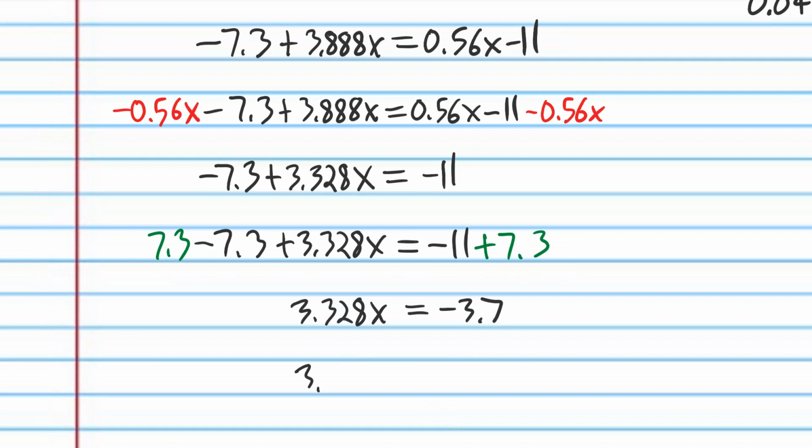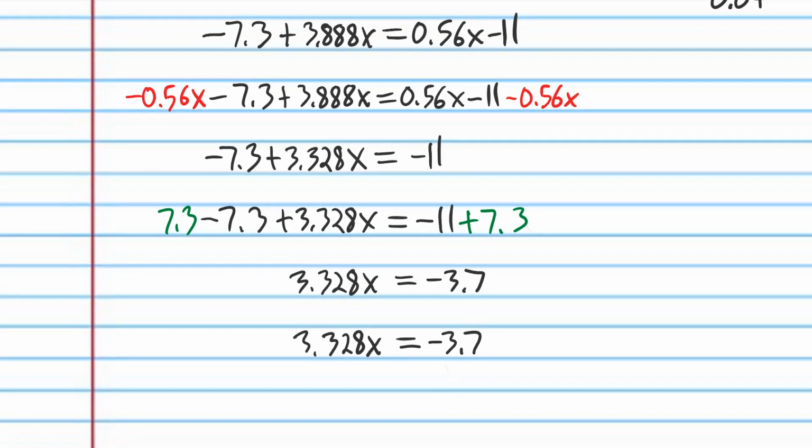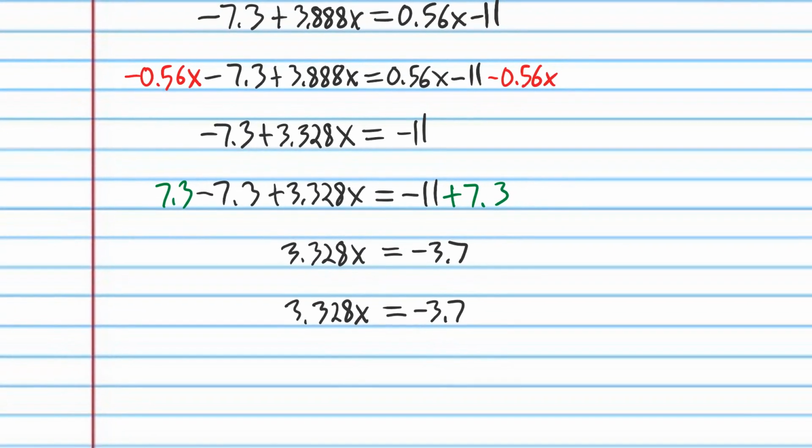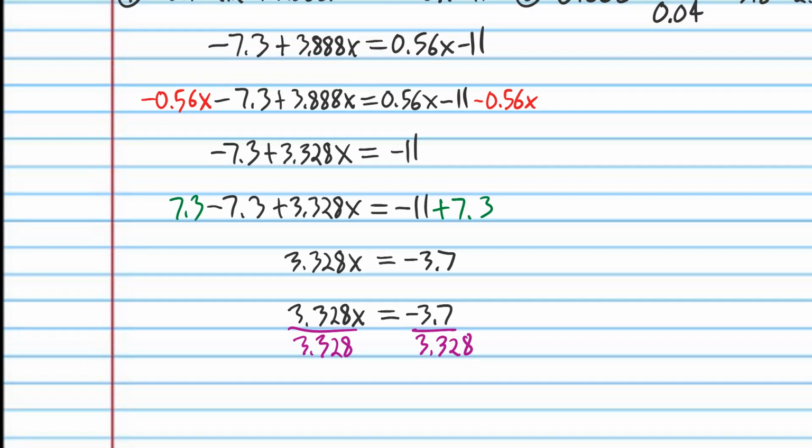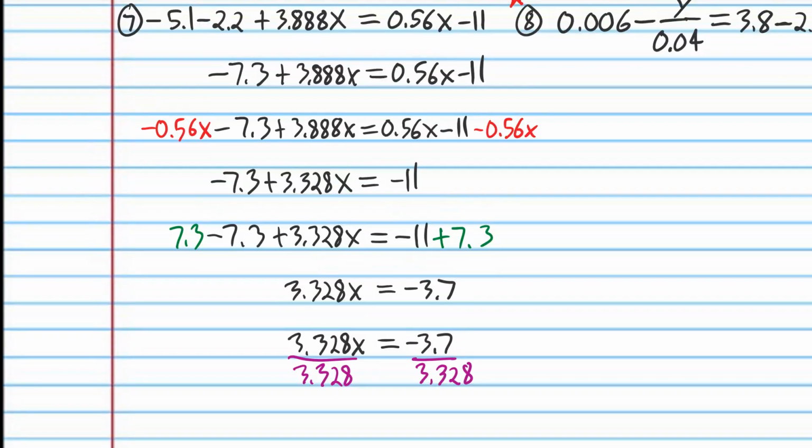We're going to rewrite the equation again because we're about to perform a third operation on both sides of the equation. And we need to get the calculator out. 3.7 divided by 3.328.